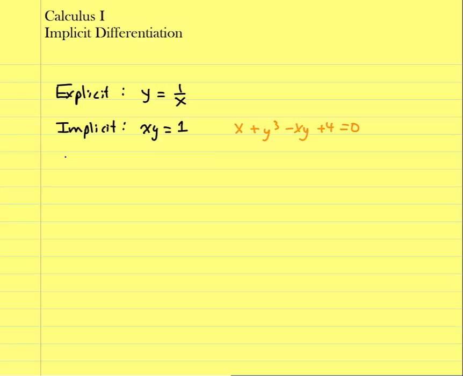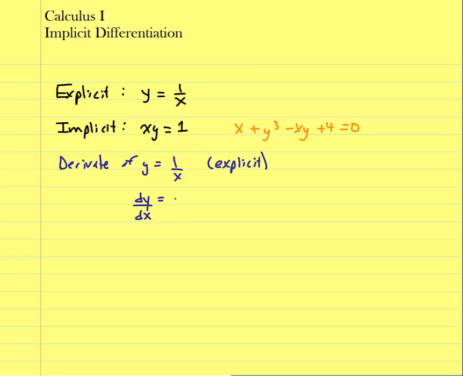So let's go ahead and look at taking a derivative of y equal 1 over x, and we're going to make sure we note that this is explicit. Well, the derivative, I'm going to think about this as two sides. The derivative of the left hand side would be y prime. Really, let's start thinking about that as dy dx. Remember, y prime and dy dx are the same notation.